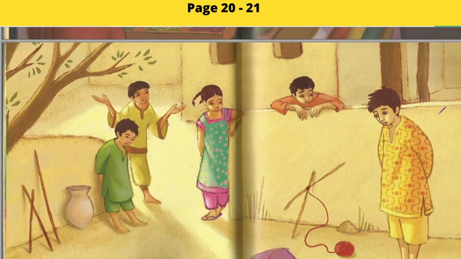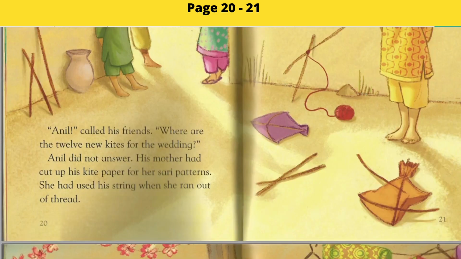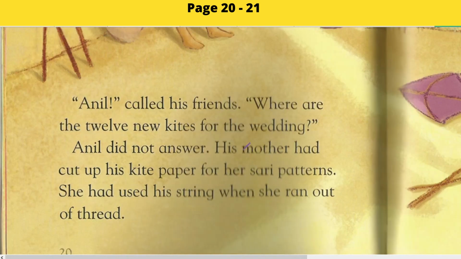There is Anil and also some of his friends here. Anil looks down and looks very sad. Some of his friends also look a bit sad. One of the friends was talking. What did he say? Anil, called his friends. Kawan dia panggil.